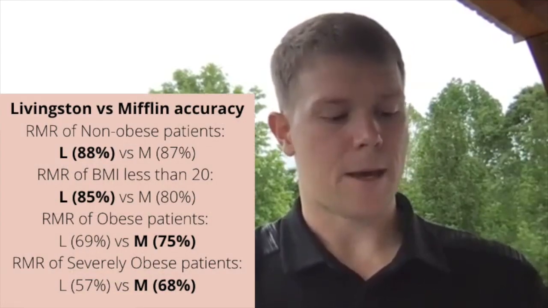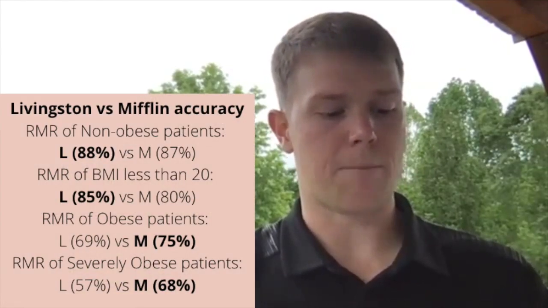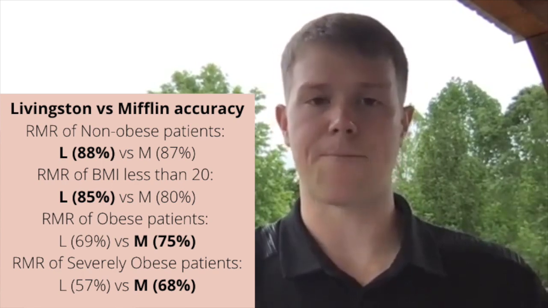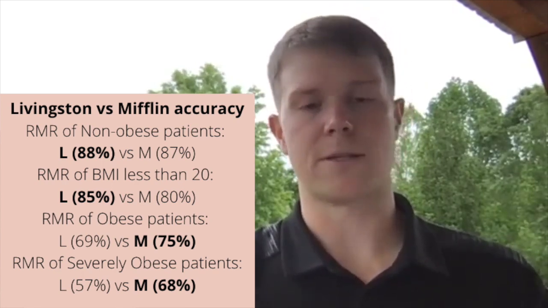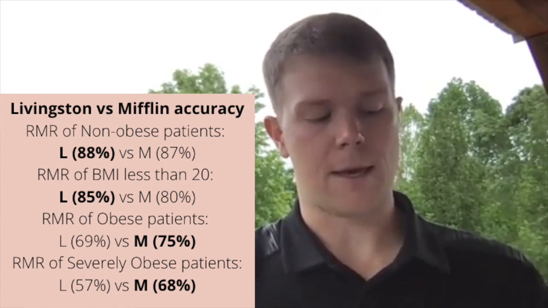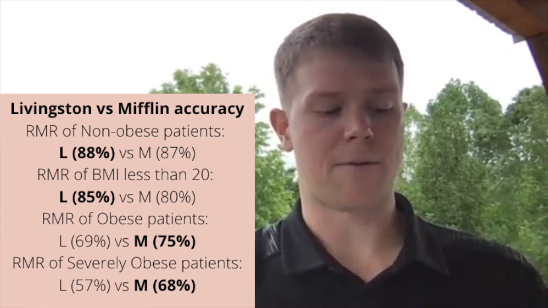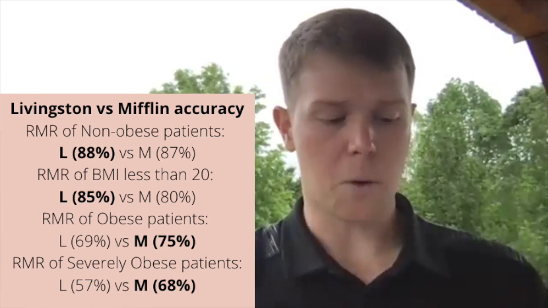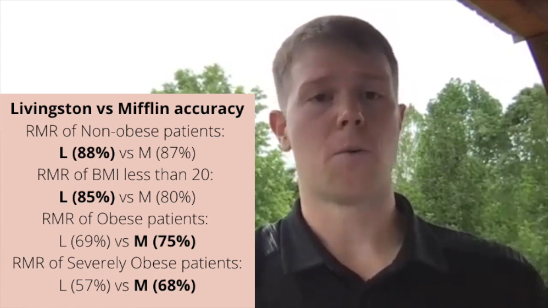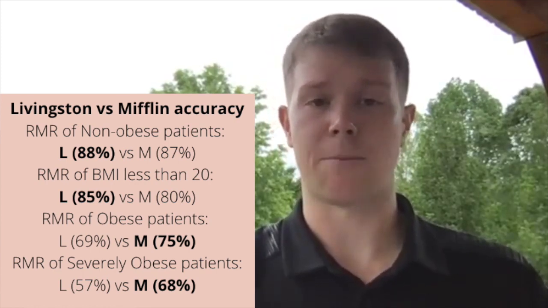And just to give you some percentages that can be compared. For the non-obese patient, the accuracy for the Livingston was 88% compared to Mifflin-St. Jeor, which was 87%. For the patient that has a BMI of less than 20, the Livingston equation had an accuracy of 85%, where Mifflin had an accuracy of 80%.